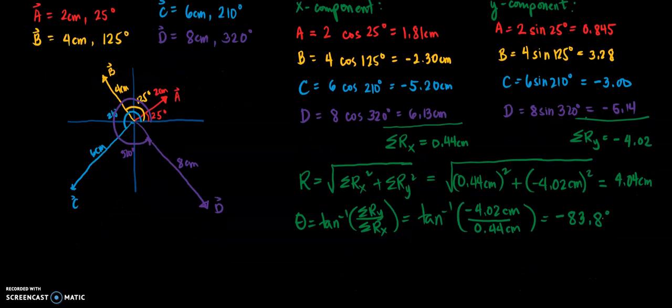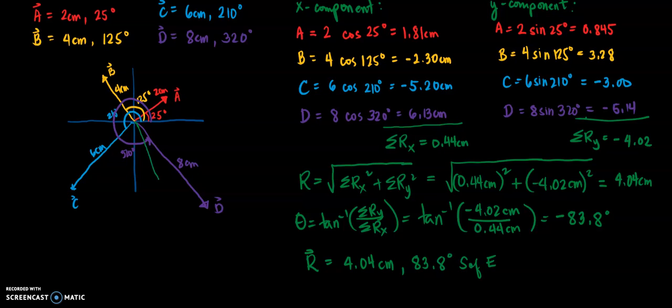Okay, so therefore, our resultant vector is equal to 4.04 centimeters in magnitude with a direction of 83.8 degrees south of east. So vector R is somewhere here in the fourth quadrant.